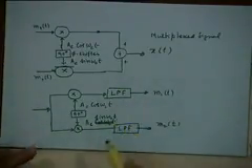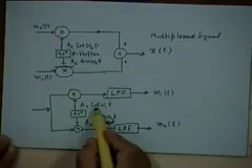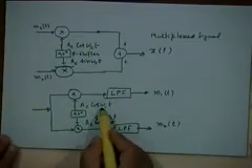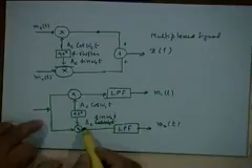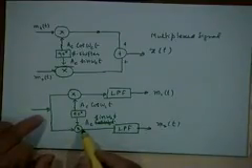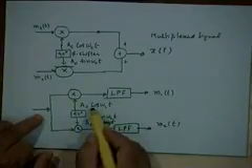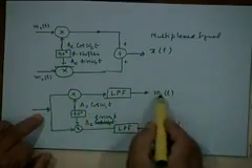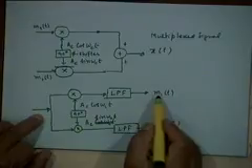And there will be no interference, since there is a phase difference of 90 degrees between the second carrier and this carrier, this will not produce any output in this path.